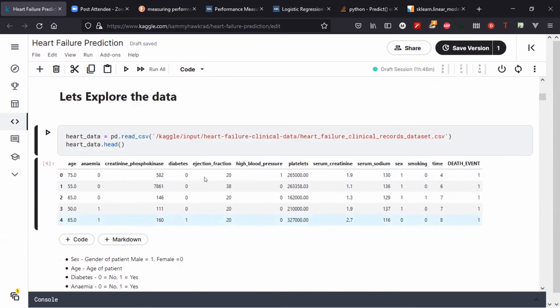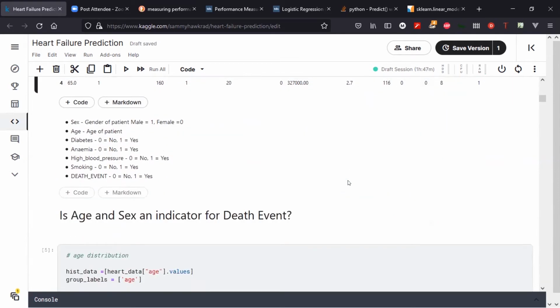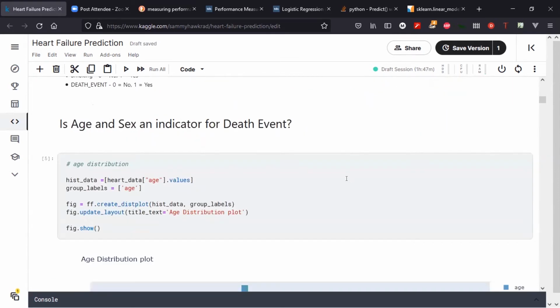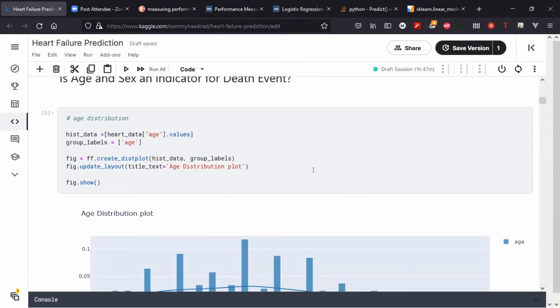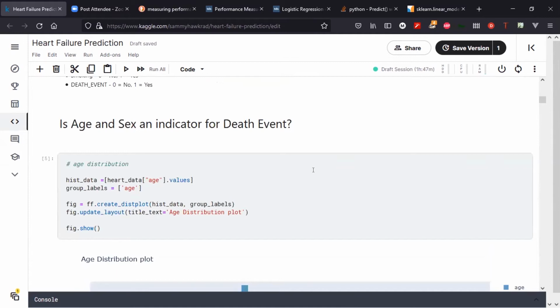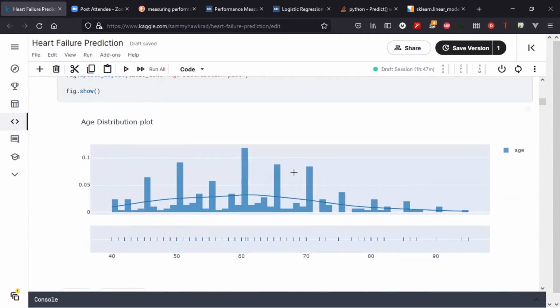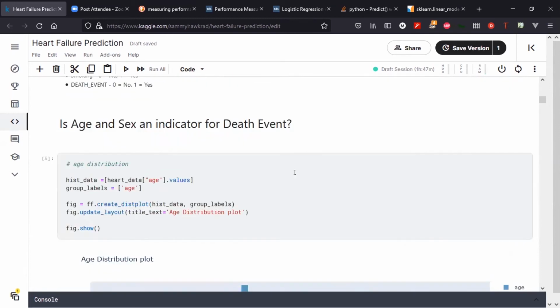So after seeing how our data looks, we move forward to explore our data to understand how it looks. We first try to understand, is age and sex an indicator for death events? From the beginning, we are going to explore our data, but the results that we see with our own eyes cannot tell us that, based on this, age is directly a factor.